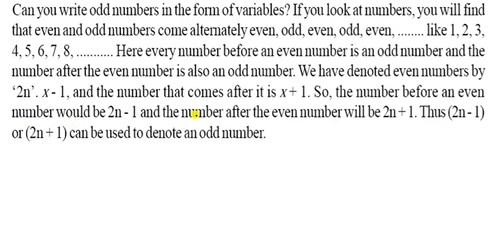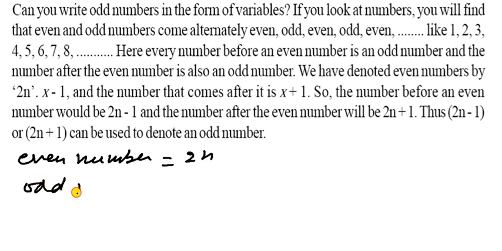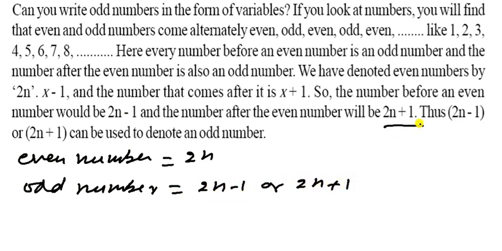Now what about odd numbers? An even number is represented by 2n. An odd number is represented by 2n minus 1 or 2n plus 1. As you know, odd numbers are 1, 3, 5, 7, 9 and so on.